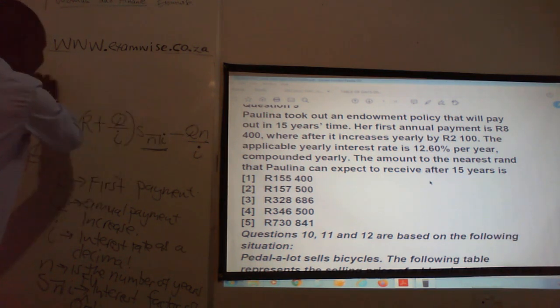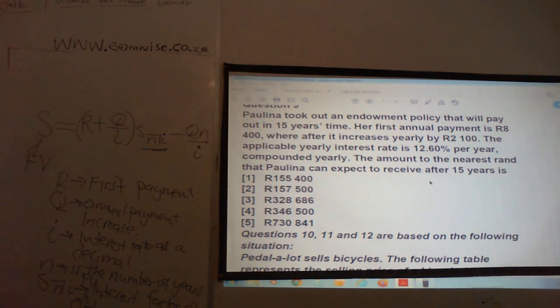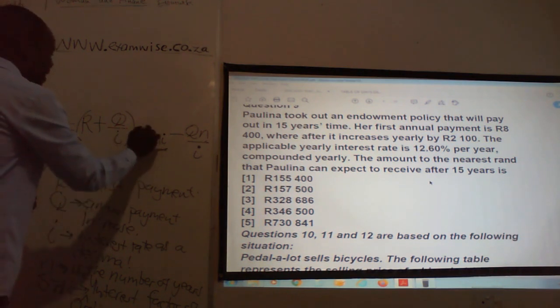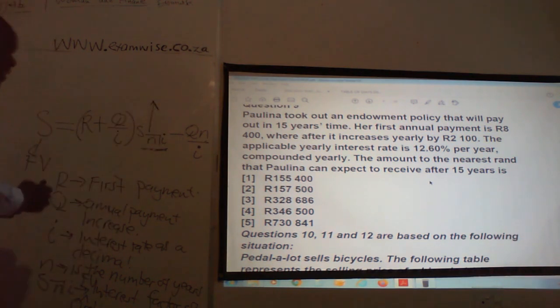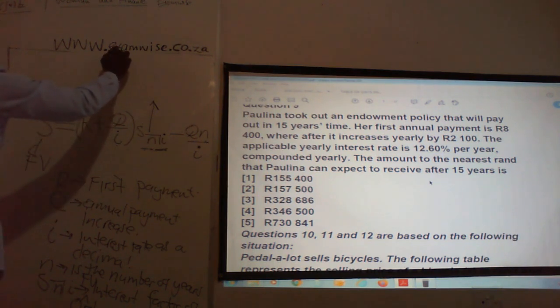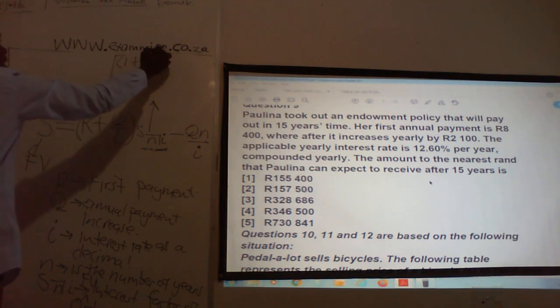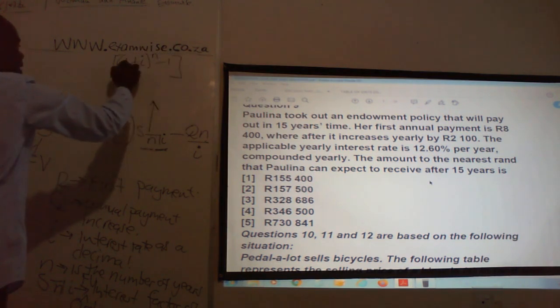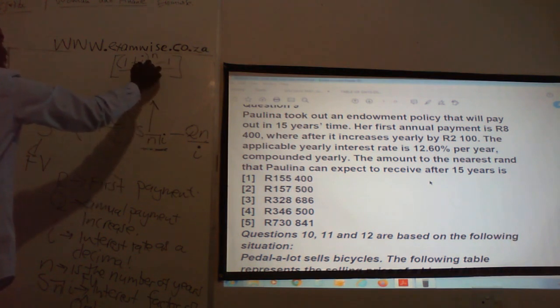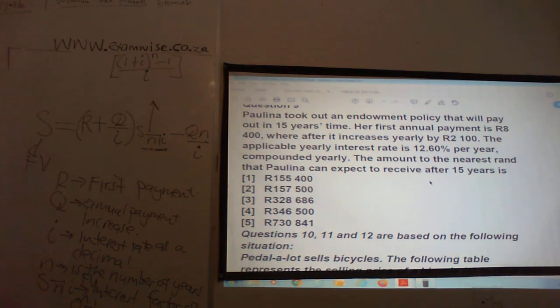So let me write it on top. The future value interest factor of an ordinary annuity, which is S angle N at I, we cannot use as it is, but we have to expand it to become 1 plus I to the power N minus 1, then everything divided by I. So this one must be converted to this format.